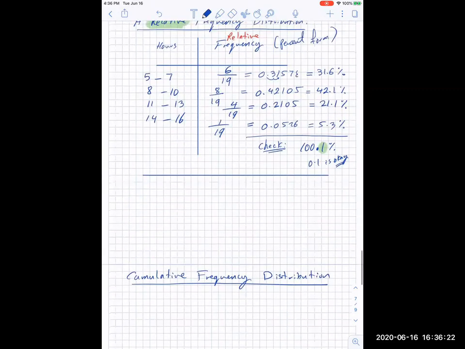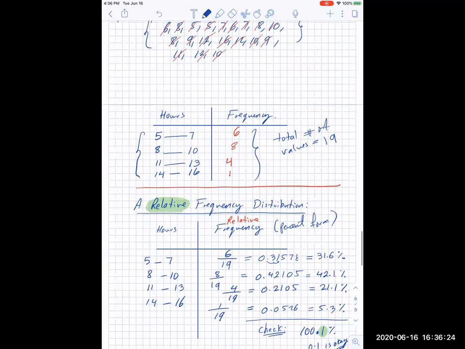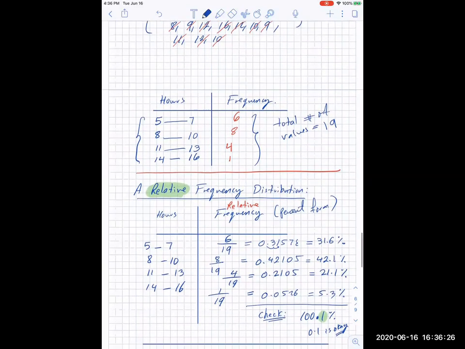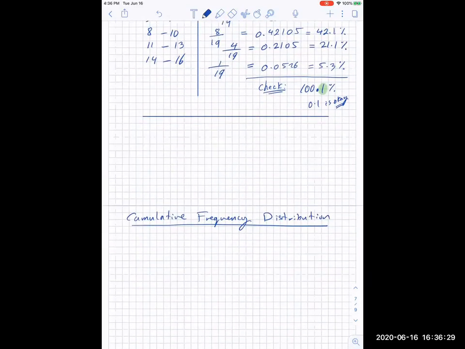Let's go back to the frequency table that we constructed earlier. Let's copy it and put it down again here. Hours, frequency.